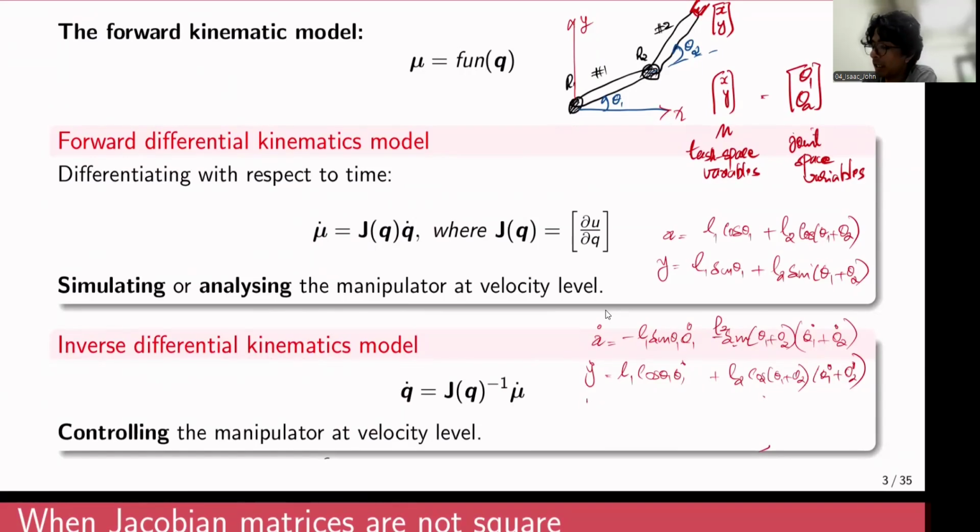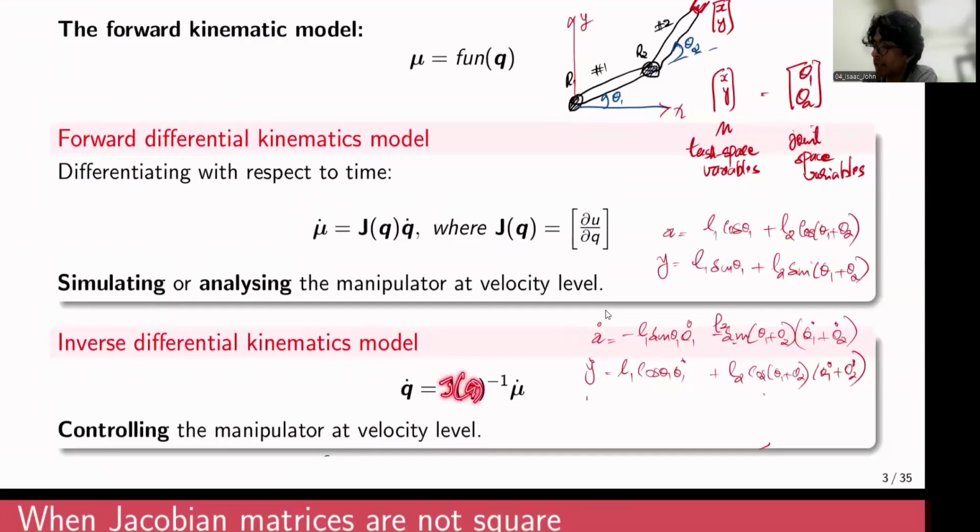You can do so by inverting the Jacobian matrix and multiplying it with the velocities in the task space. For this, the Jacobian matrix has to be invertible, so first we have to verify whether it is invertible or not, because there are some cases where the Jacobian matrix cannot be inverted.